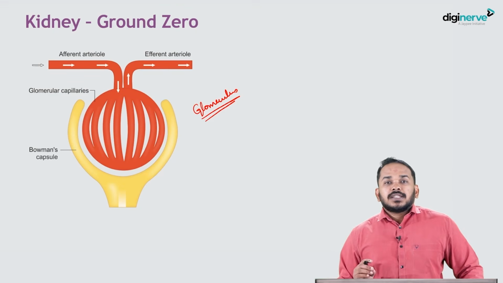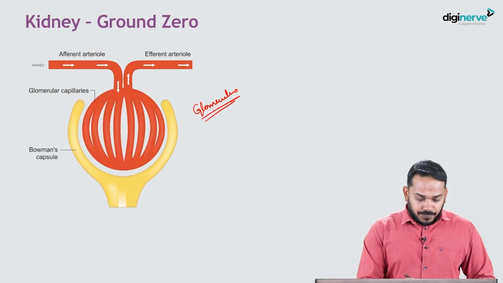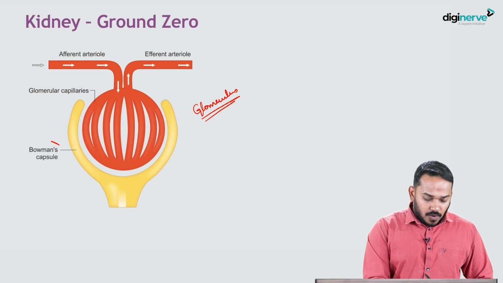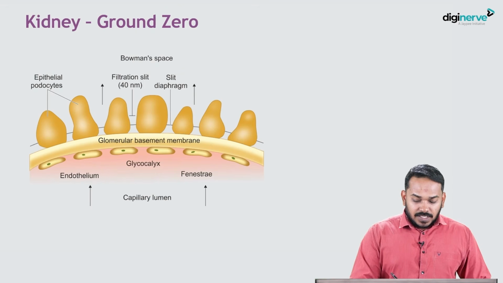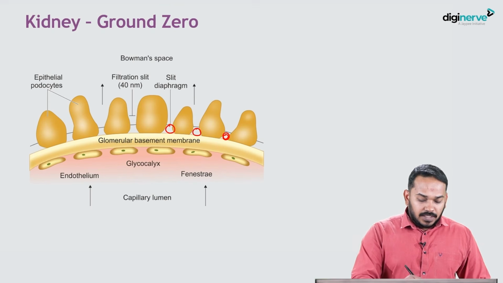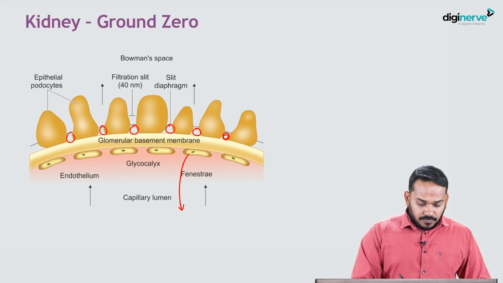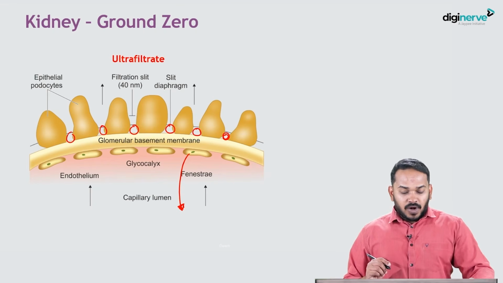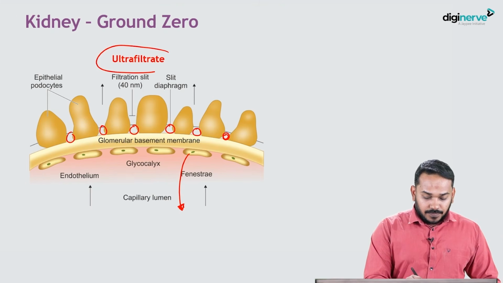The glomerulus is a tuft of capillaries which is surrounded by an area of the nephron known as Bowman's capsule. This glomerulus has cells with gaps in between them, through which blood and waste materials can be filtered into the Bowman's capsule. And the product that is filtered into the Bowman's capsule is known as ultrafiltrate.